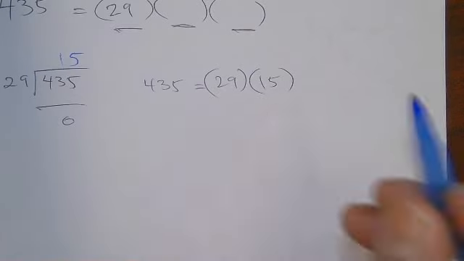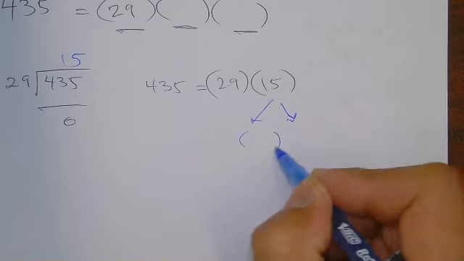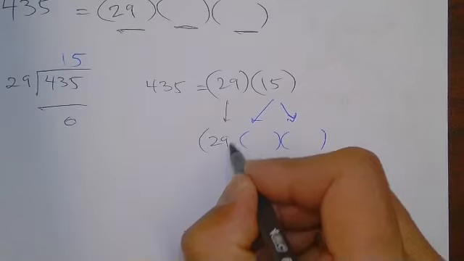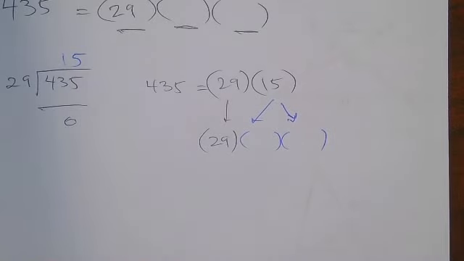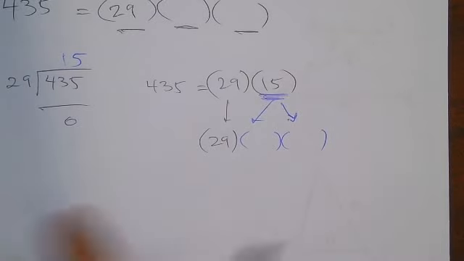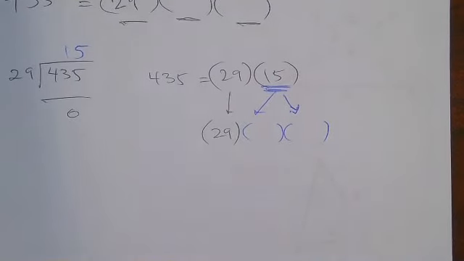But now you look at this 15, and can this one now break down into two numbers that we know? Yes. So 29 is still part of the numbers here, and eventually you get to a point where the part that's left is easy to factor.